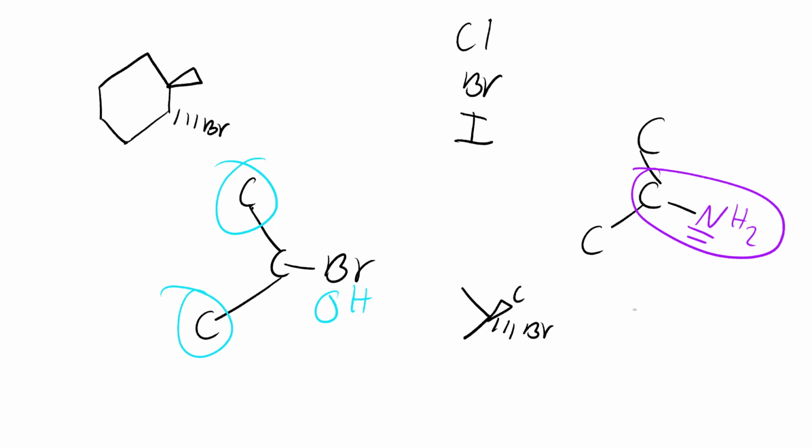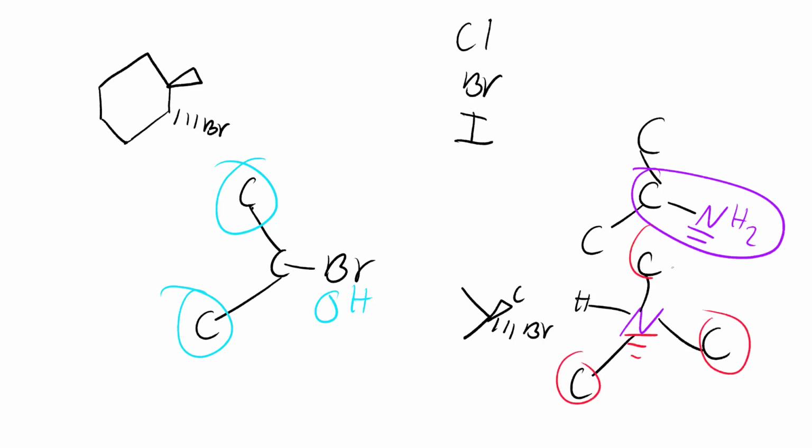If we had our nitrogen group attached to some carbons, then what? Well, it would be next to 1, 2, and 3 carbons.